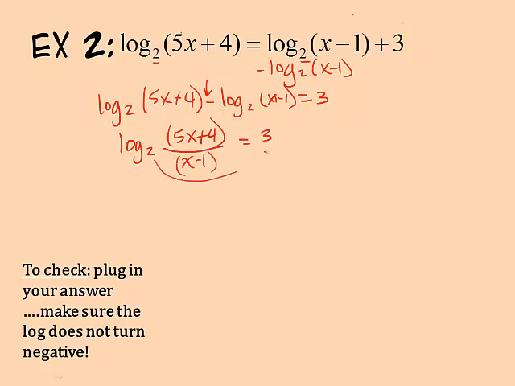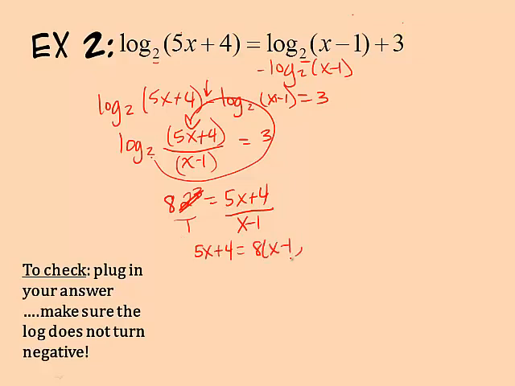All right, let's swirl this thing. So 2 cubed equals 5x plus 4 over x minus 1. Well, 2 cubed is 8. Hopefully you know that. So when I cross multiply, I get 5x plus 4 equals 8 times x minus 1.